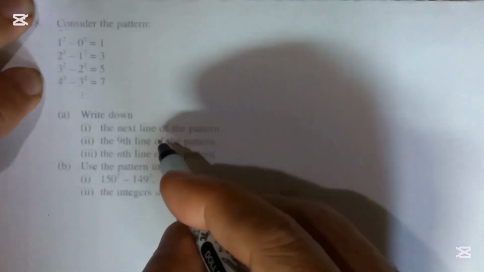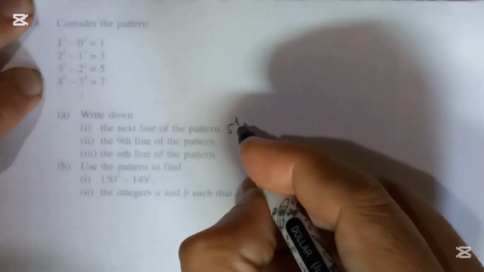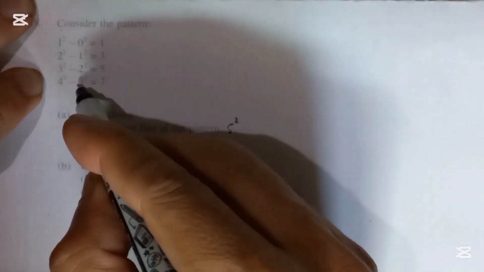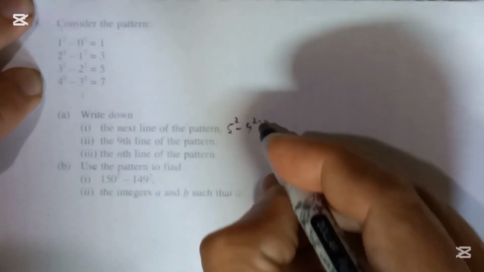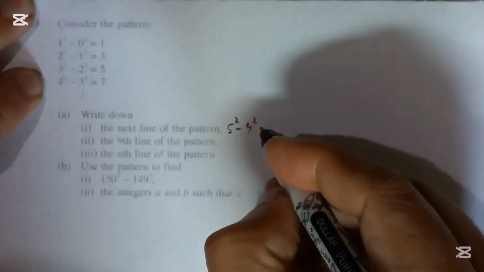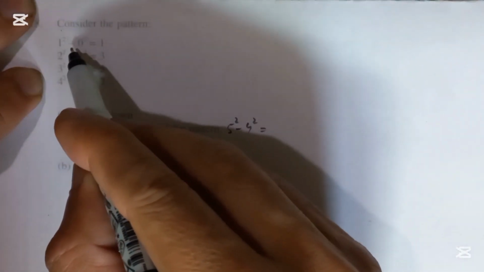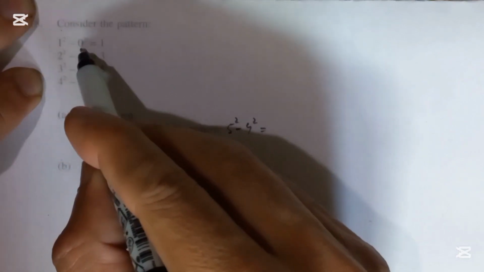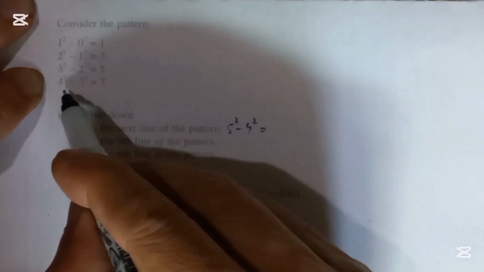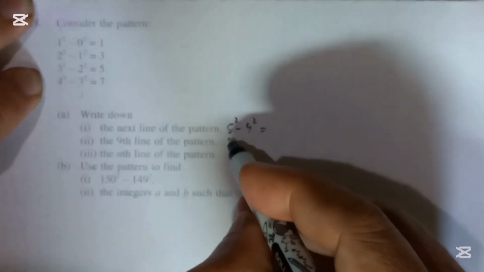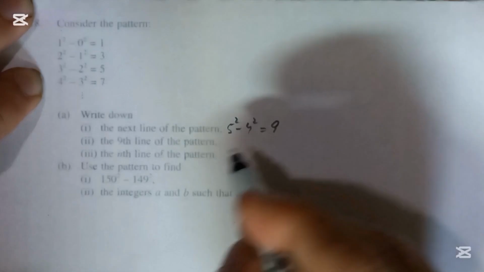So the next line, definitely the fifth line, will be 5 square, and the square of the previous number is always subtracted, so minus 4 square equals. And if you look at the numbers, these numbers are actually added without square. So 1 plus 0 is equal to 1, 2 plus 1 equal to 3, 3 plus 2 is equal to 5, 4 plus 3 is equal to 7, so 5 plus 4 will be equal to 9. So this will be the next line.